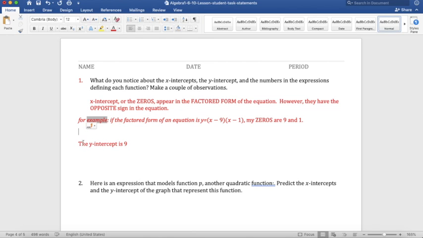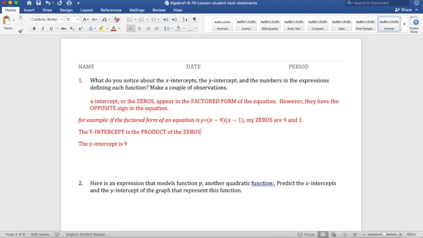So let's say where I got that from. The relationship is that the y-intercept, I don't know why the time just appeared, spoiler alert, it's 9:45 p.m., is the product of the zeros.